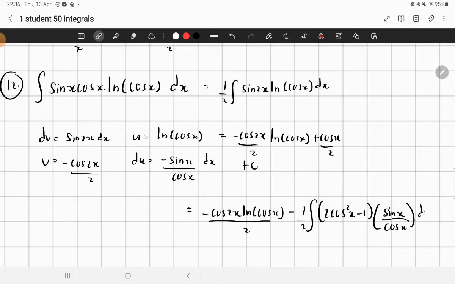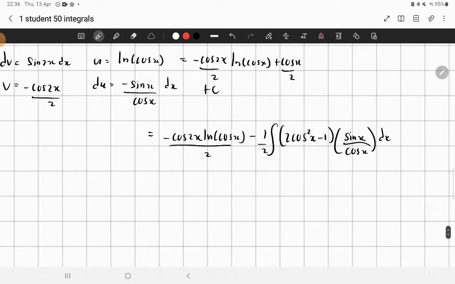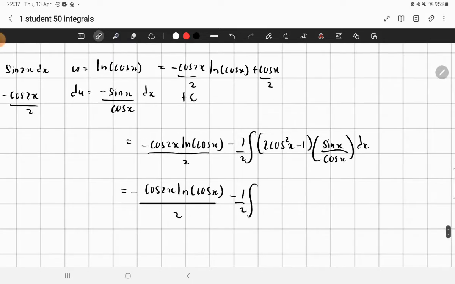Okay, so by expanding it, you will have negative cosine of 2x times ln cosine of x over 2 minus 1 over 2, the integral of 2 cosine of x sine of x minus sine of x over cosine of x dx.